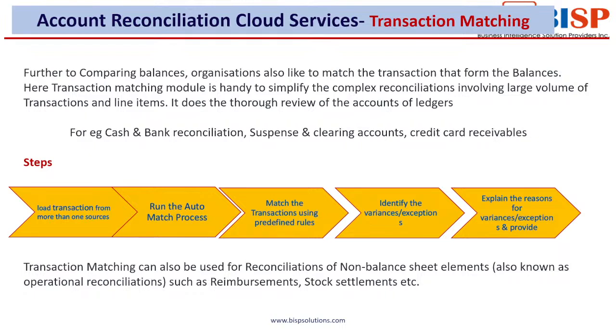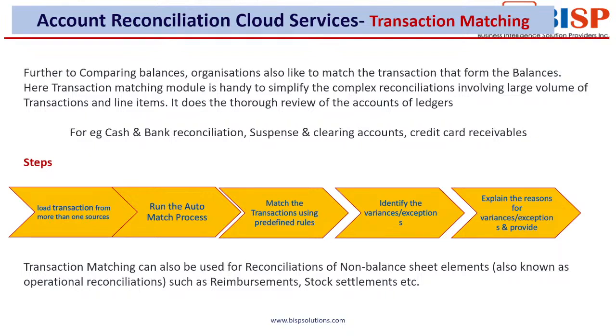In addition to this, transaction matching can also be used for non-balance sheet items. Basically, reconciliation is performed mostly for balance sheet items: bank reconciliation, AP and AR, and intercompany.